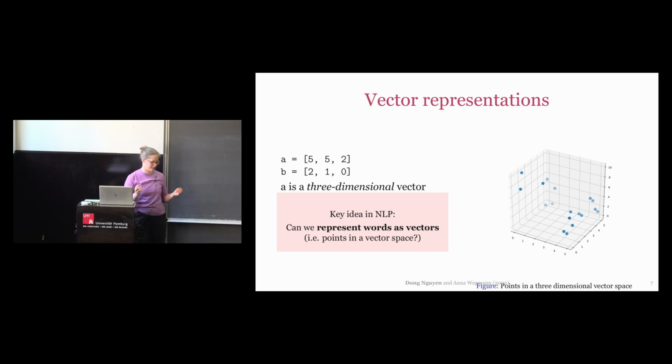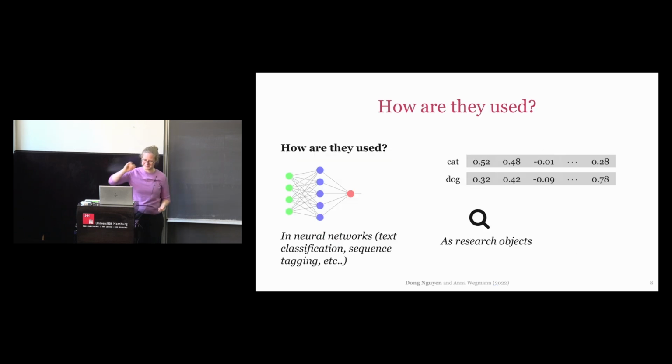So basically, what we're doing in natural language processing, we're projecting words onto vectors. So a point in space. And now the question becomes, well, how then?